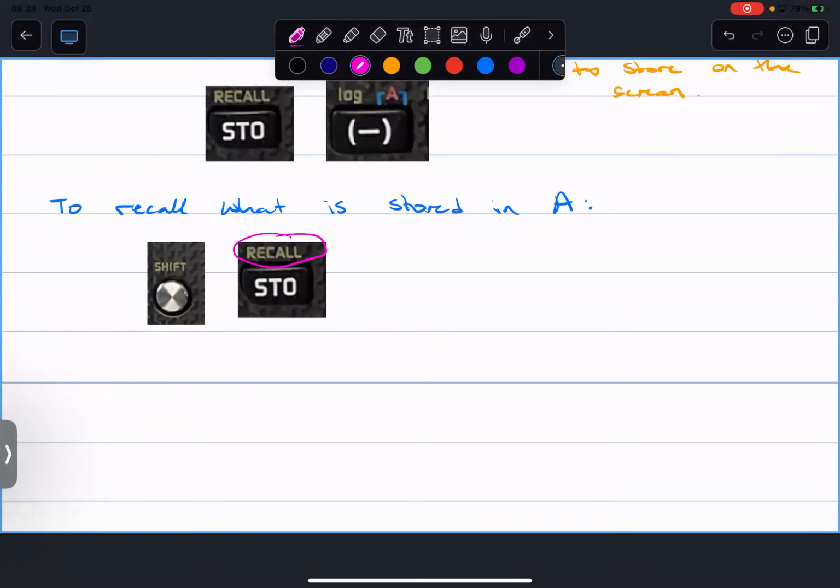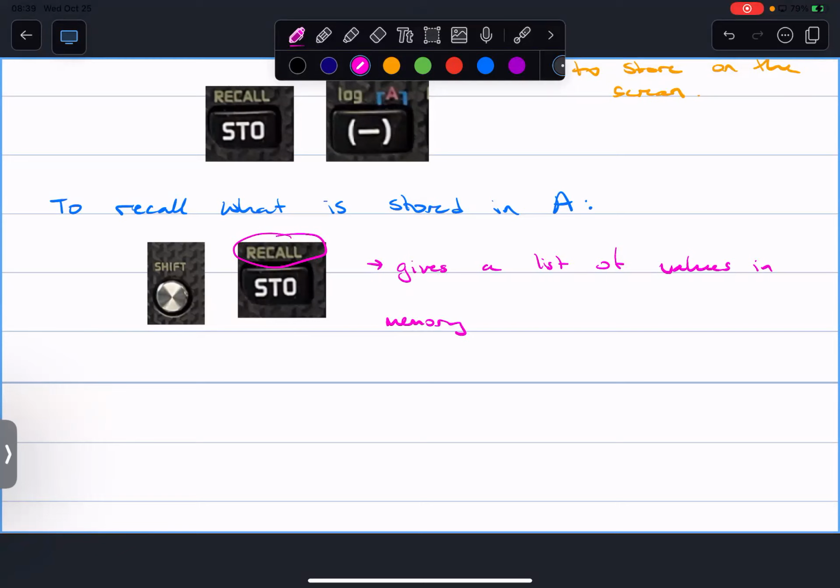Okay, let's see here. So shift recall. On mine, it gives me a list of all the values that are stored in what slots when I go shift recall. It gives a list of values in memory. I can't seem to scroll through, so that's okay.